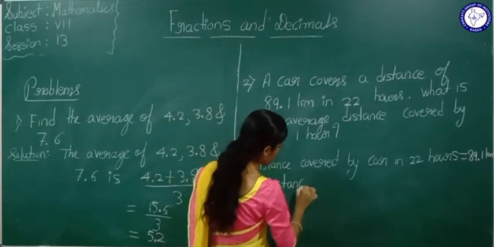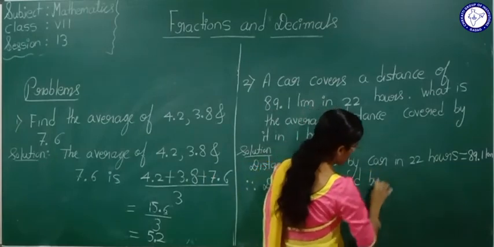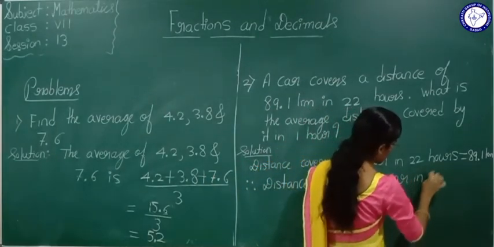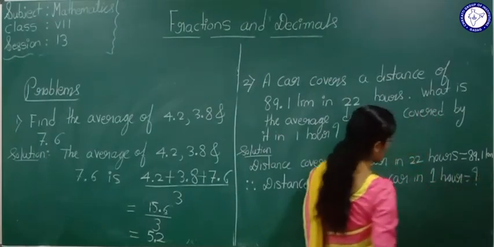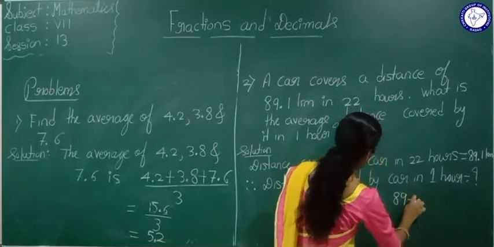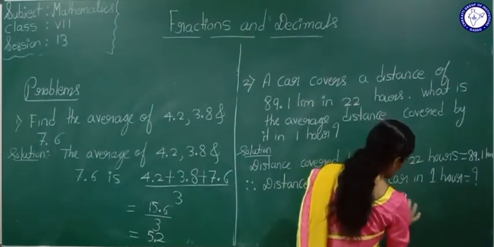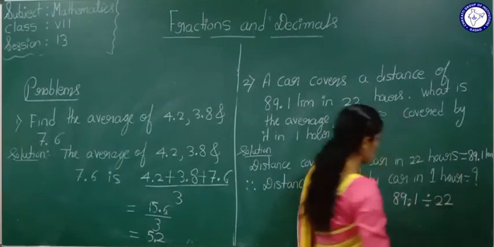So therefore the distance covered by the car in 1 hour. So in 1 hour how much will it cover? That is 89.1 divided by 22 we have to do.